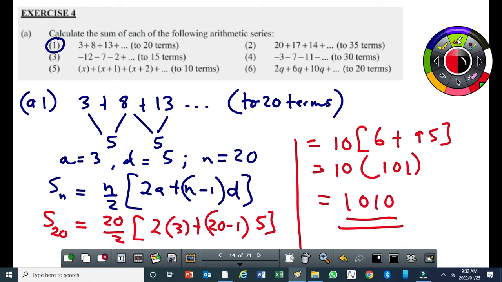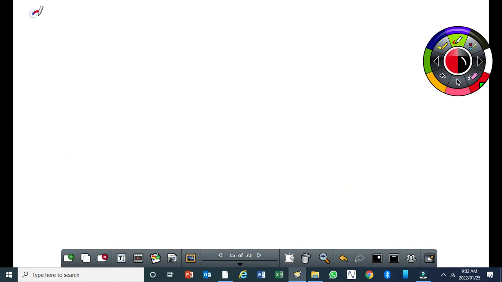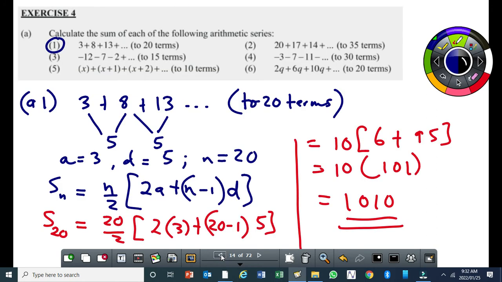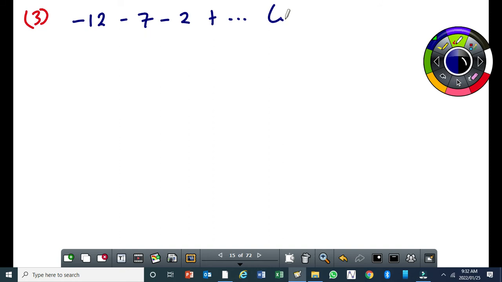So it's minus 12, minus 7, minus 2, then it will be plus up to the 15th term. Okay, so we've got up to the 15th term, right?